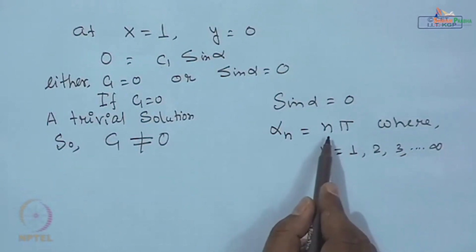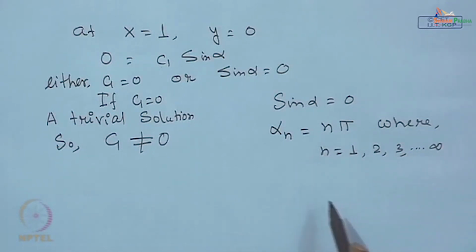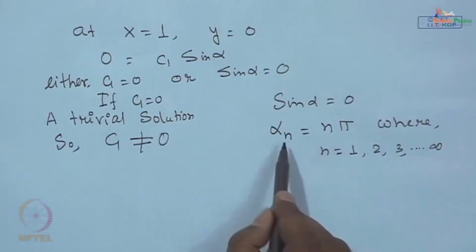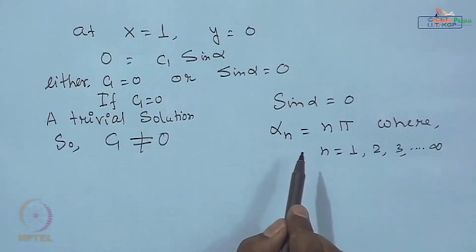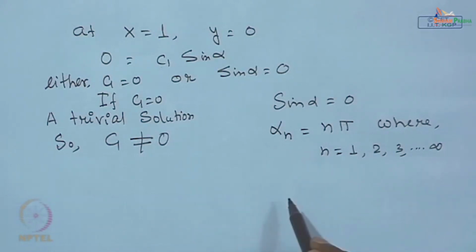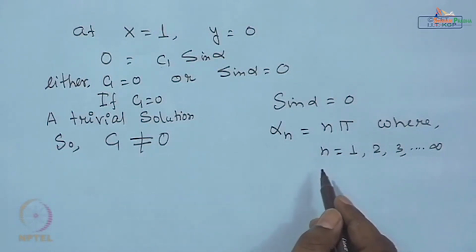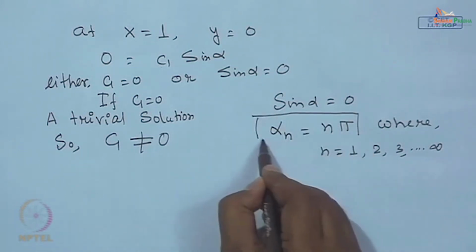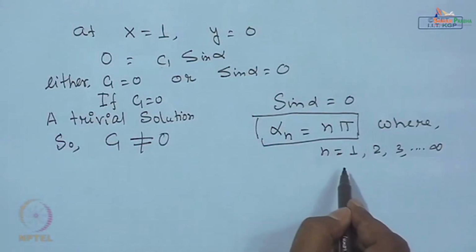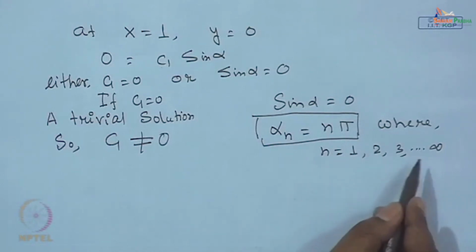Now, n is equal to 0 is ruled out, because if we put n is equal to 0, then alpha will be equal to 0. If alpha is equal to 0, then again we get a trivial solution. So, for getting a non-trivial solution, alpha n is equal to n pi, where the index n runs from 1 to infinity.